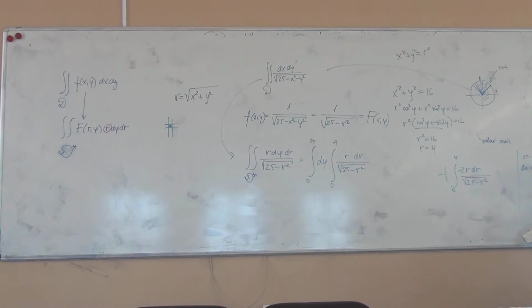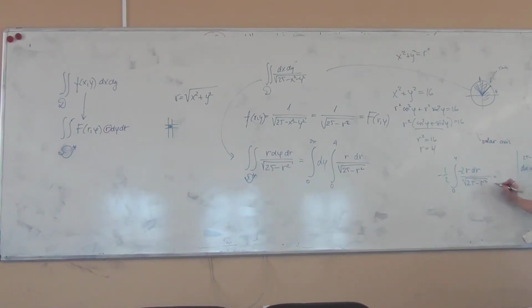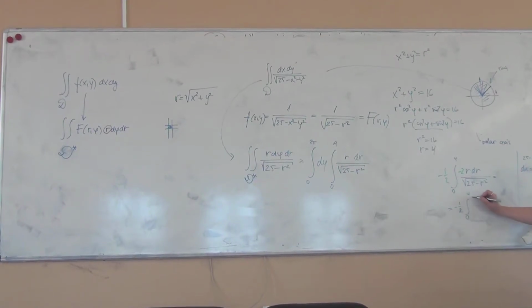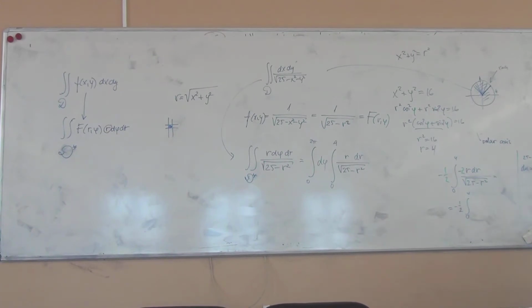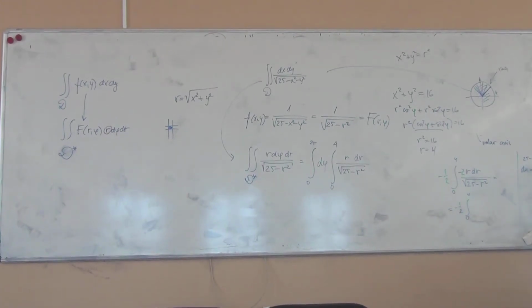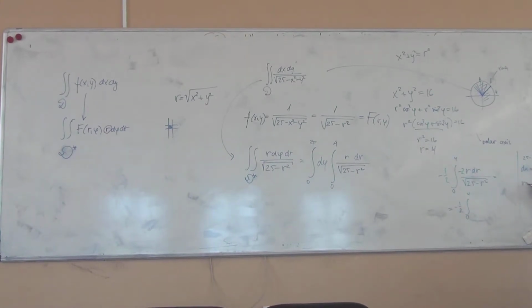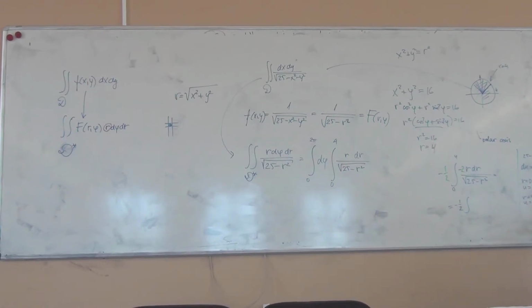Now I can rewrite this as minus 1/2 integral. Because I need values, I will only need the numbers. If r is 0, then u is 25. If r is 4, then u is 9. So I'm going to change to the variable u completely.